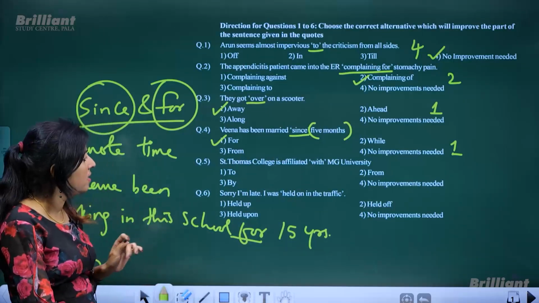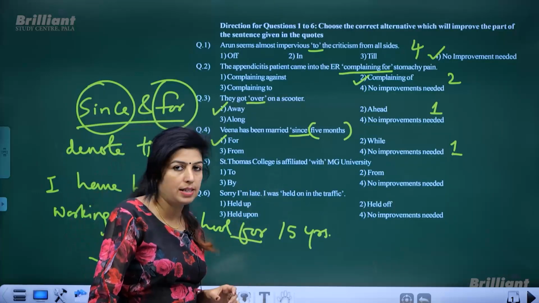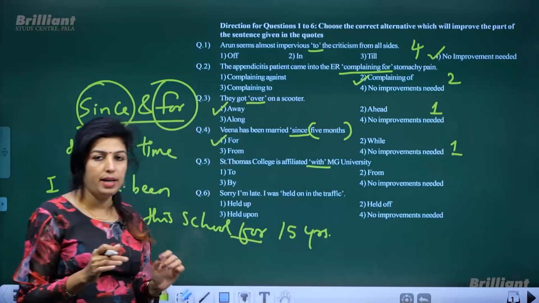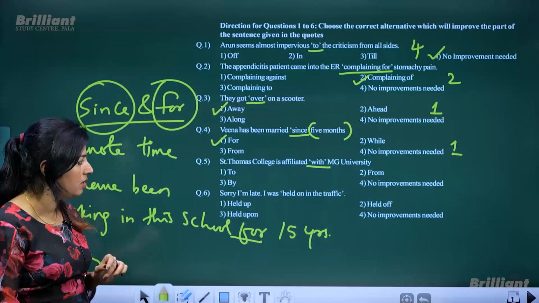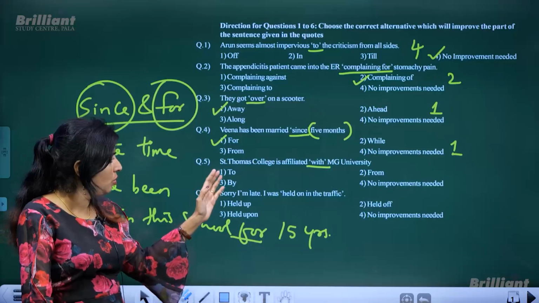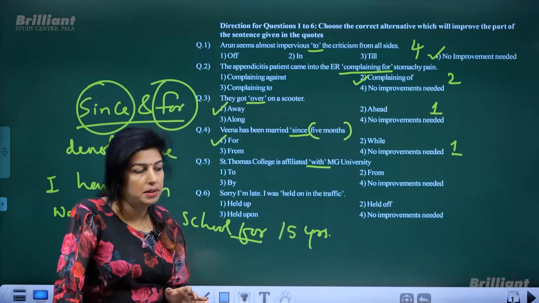Now next is: St. Thomas College is affiliated with MG University. So with is the word which has been given in single quotes. Should we substitute it with to, from, by, or no improvement needed?